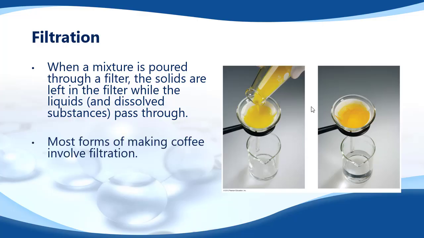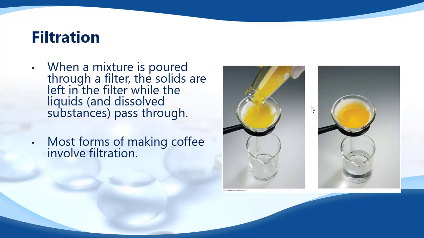Right? So when you make coffee, you're taking the coffee mixture and pouring it through a filter. Anything that will dissolve in the water passes through the filter into the pot, and the filtrate is your coffee. The coffee grounds, or whatever parts of the coffee grounds won't dissolve in water, remain in the filter paper, separated.